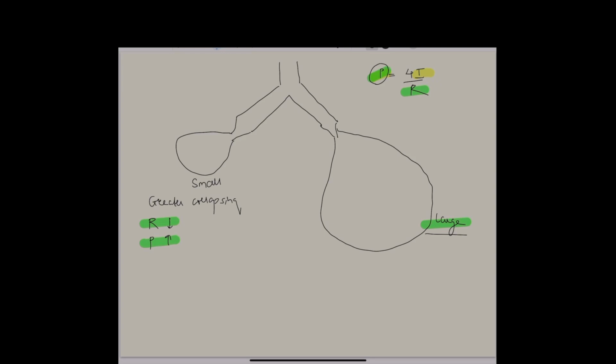So, since the pressure is more, what is going to happen to the air? The air is going to travel from the small alveolus into the large alveolus. Because of this, as air is traveling from the small alveolus into the large alveolus, the diameter is further going to decrease.